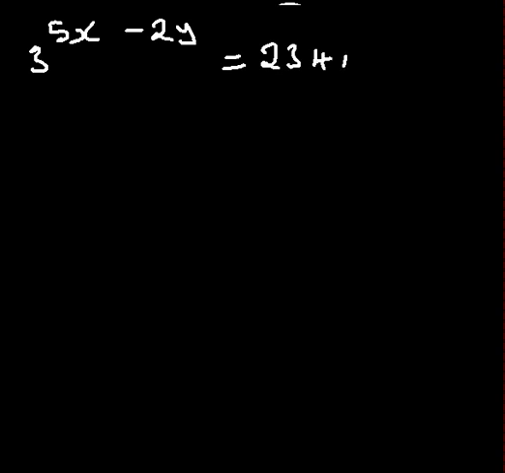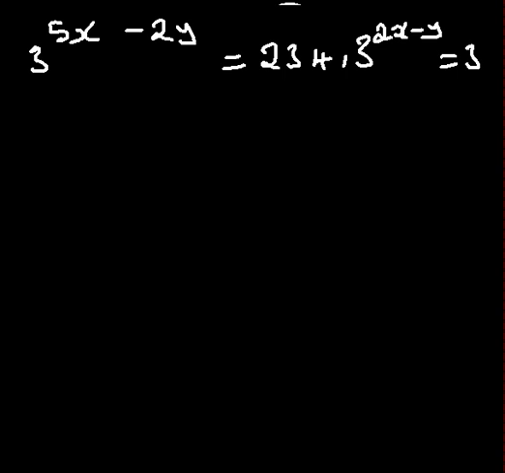And we have another equation, which is 3 to the power 2x minus y, which is equal to 3 in this case. So how do we solve those two equations simultaneously?